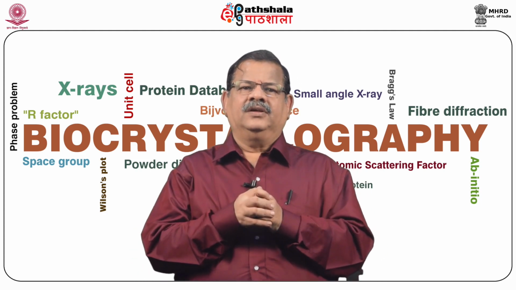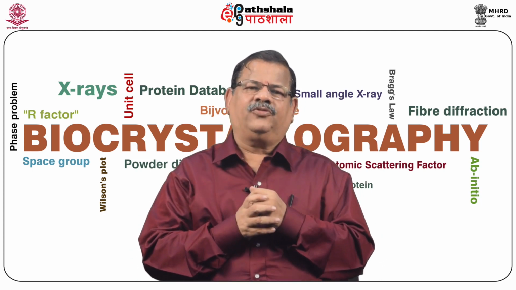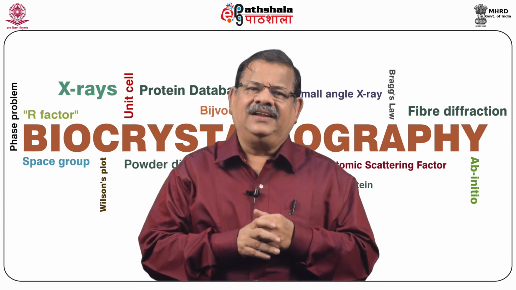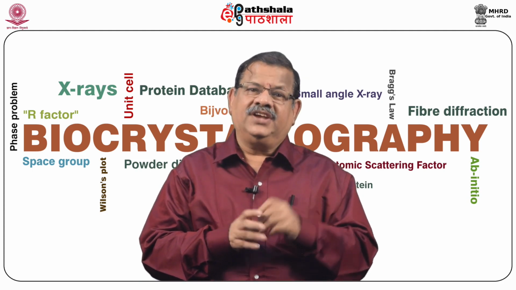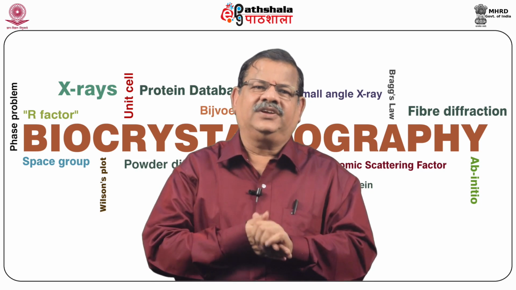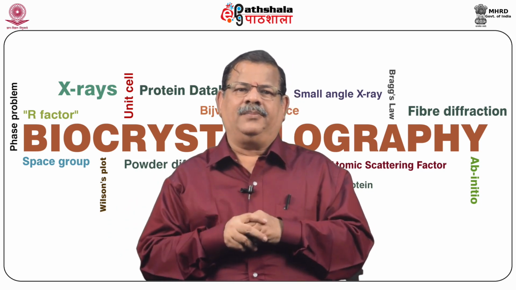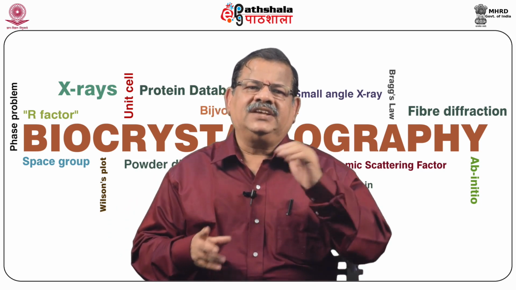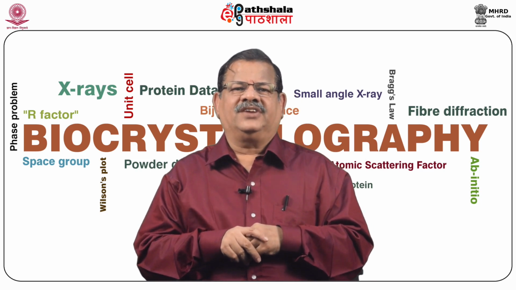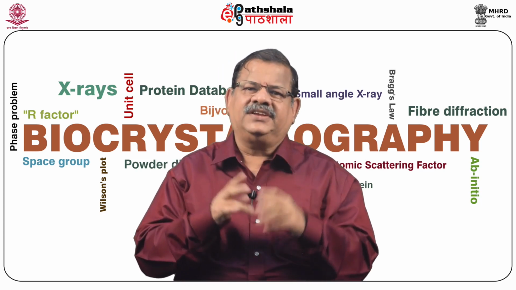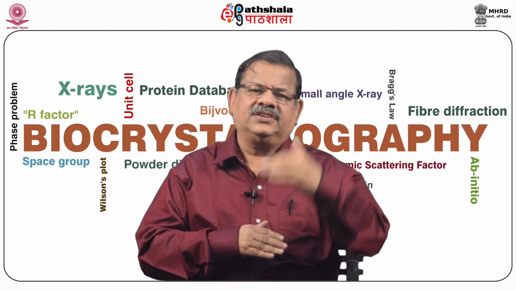For example, if you use the MULTAN program coming out from University of York, England, the best set is the one which has the largest value for the combined figure of merit, termed as CFOM. But if you use the SHELXS program released by Professor George Sheldrick from Germany, the best set is the one which has the lowest CFOM.